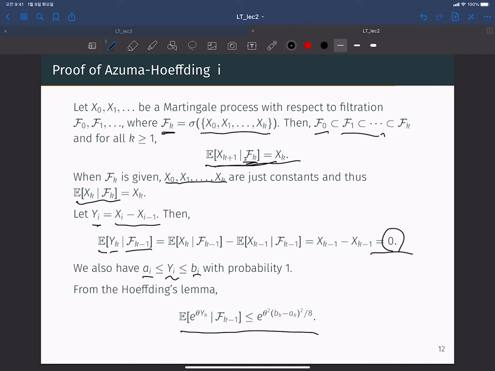Note that Hoeffding's lemma does not depend on the distribution shape. For any bounded random variable, we have this inequality. So we can use this, given that the difference between xi and xi minus 1 is bounded by ai and bi.